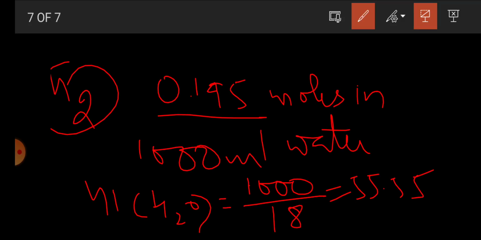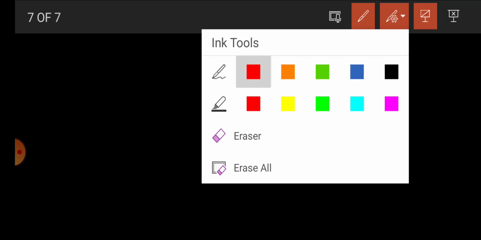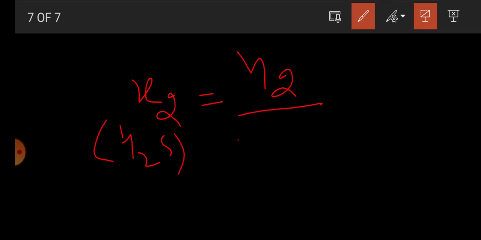Now you have two values, N1 and N2, so you can find X2, the mole fraction of H2S gas, by applying the formula N2 divided by N1 plus N2.